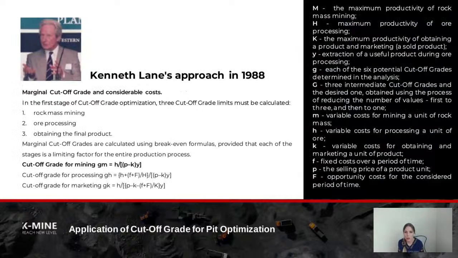So, according to Lane's work, the concept of marginal cutoff grade is different from the classical limited cutoff grade, and in the first stage of cutoff grade optimization, there should be calculated 3 values of marginal cutoff for the stages I just mentioned.